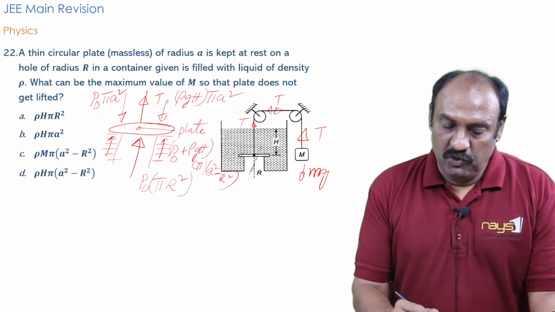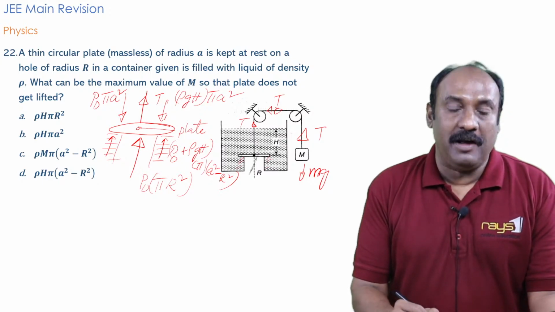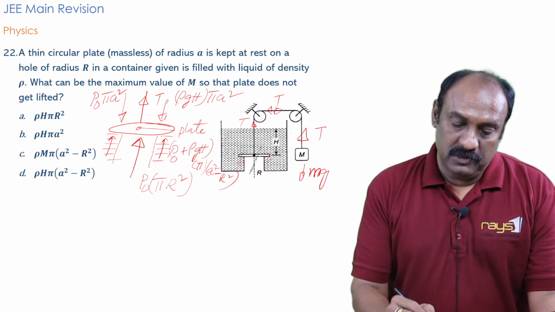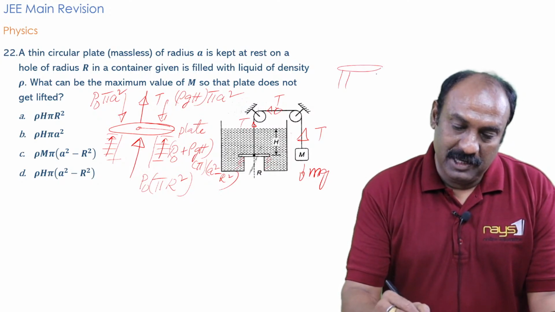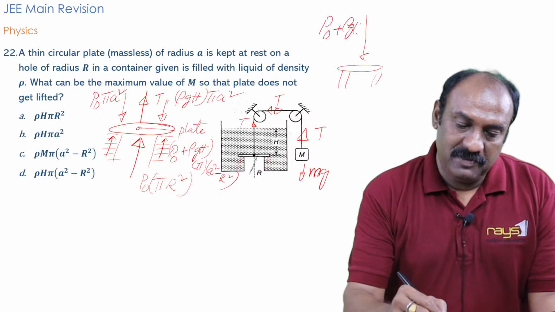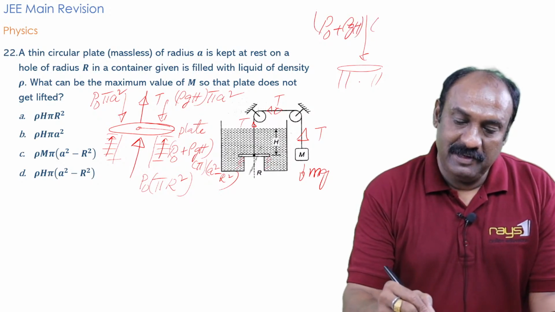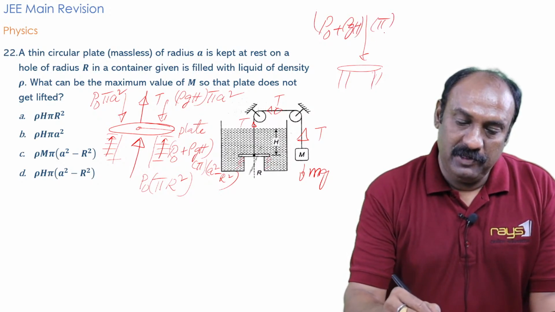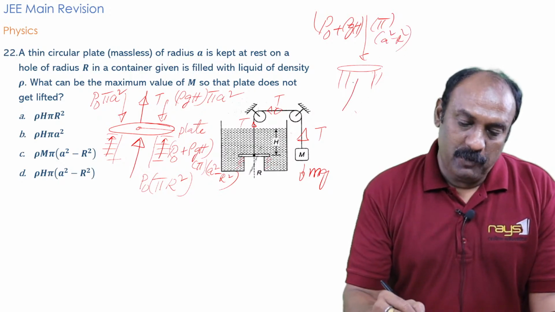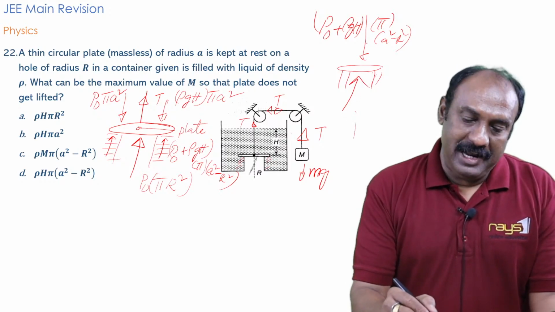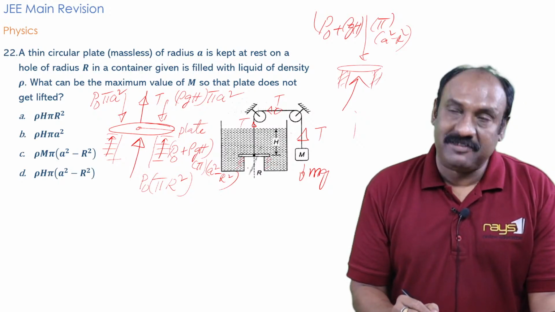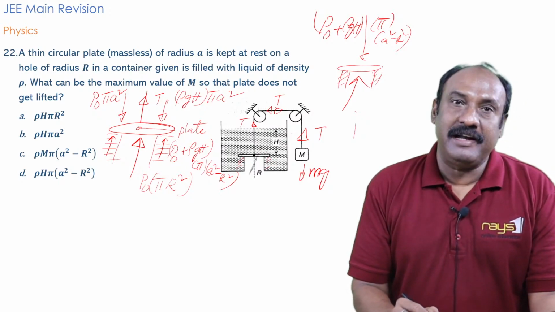So you have to consider the force on this plate due to this liquid here: P naught plus rho g h into the area of cross section pi into a square minus r square is the force in the upward direction, by this liquid column just beside this radius on the circular plate of radius a.